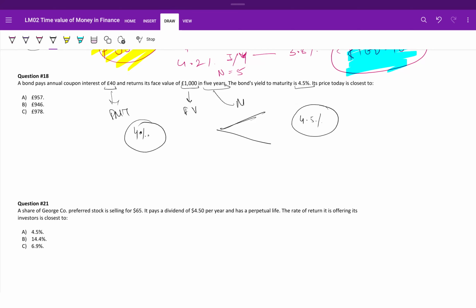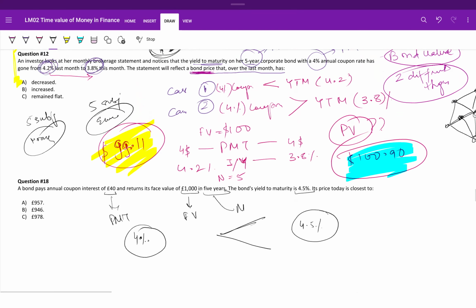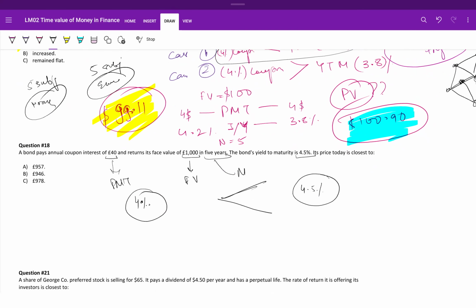In this kind of case, when the yield to maturity is more than the coupon payment, the bond is going to be traded at a discount. All of these are discounted figures, so it's not easy to identify.